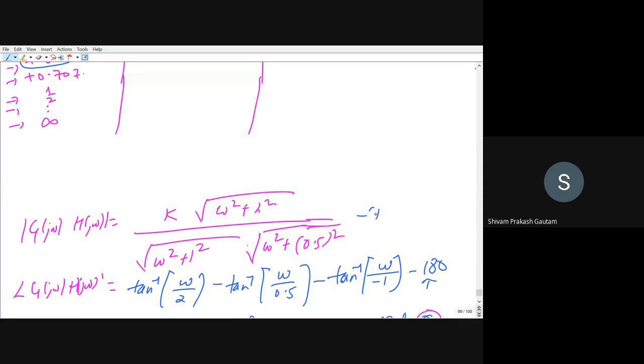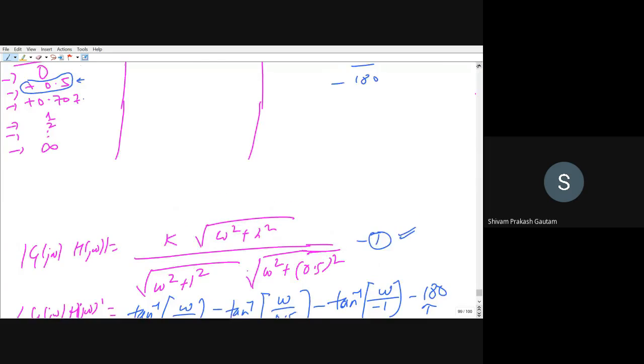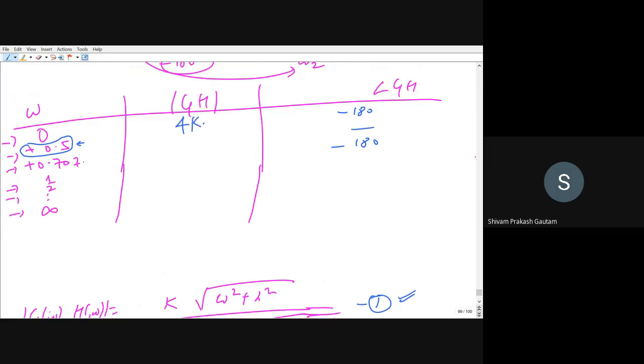This is your equation number 1. Put omega equal to 0. What is the magnitude you will get? If you put omega equal to 0, you will get 4K.